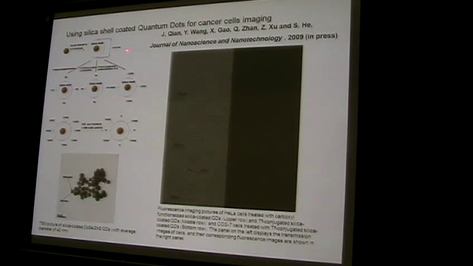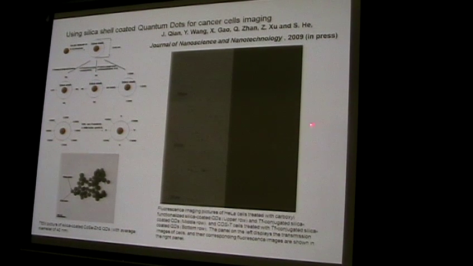And for the bio application, we need to wrap these quantum dots with something like a silicon oxide shell to reduce the toxicity to cells, and also for convenience of the surface modification and bioconjugation for targeting to cancer cells. So in this example, we coated it with a silicon shell through a chemical way, and then we do the cancer cell imaging.